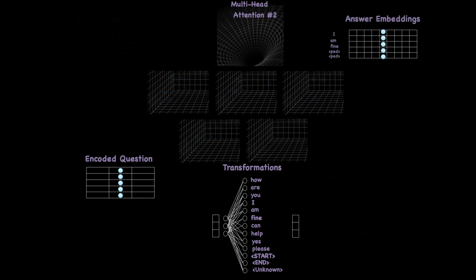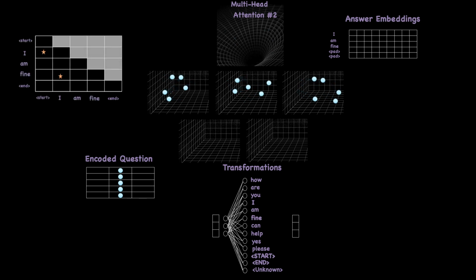Our second attention network will process the answer embedding, storing the words I'm fine. This attention network will process the answer, applying a series of transformations to uncover relationships between the words of the answer. This is called applying self-attention on the answer. The result is the encoded answer matrix.